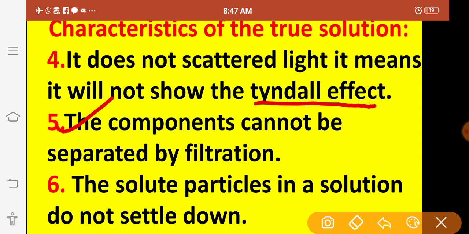The pores of a filter paper are bigger, which allows the solute and solvent particles to pass through. So if both solute and solvent particles pass through the pores of the filter paper, my dear, it means they cannot be separated by the physical method of filtration.